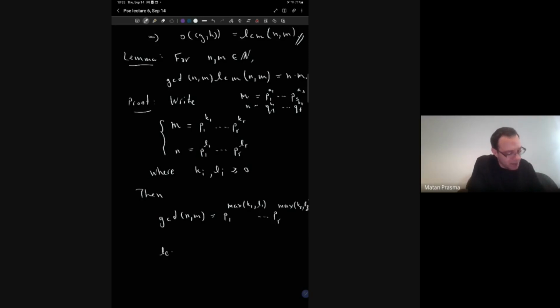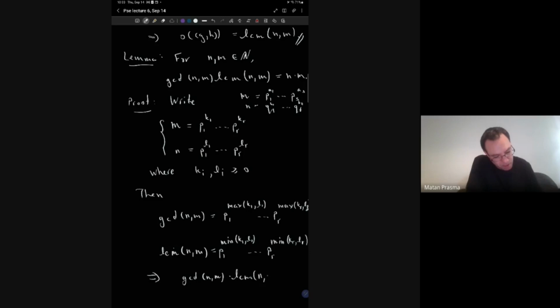And the LCM is simply P1 to the minimum of K1, L1, up to PR to the minimum of KR, LR. And from this, it follows immediately that GCD times LCM is N times M.